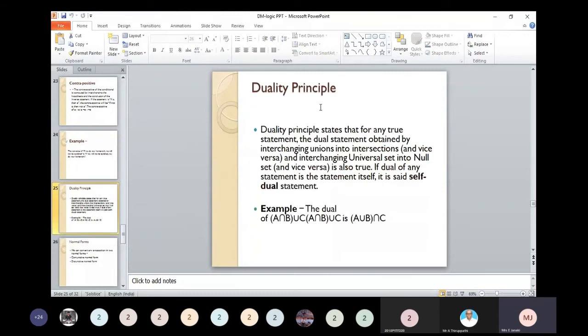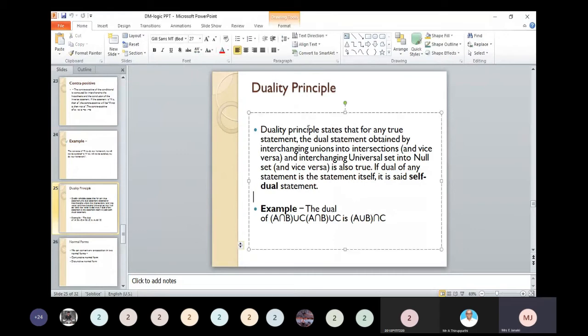Next, we will see the duality principle. The dual principle states that for any true statement, the dual statement is obtained by interchanging unions into intersections or intersections into unions. If the dual of any statement is the statement itself, it is said to be a self-dual statement.